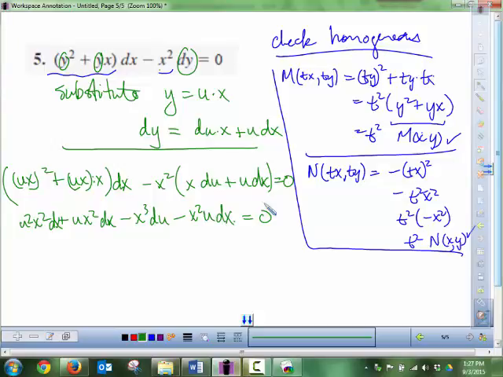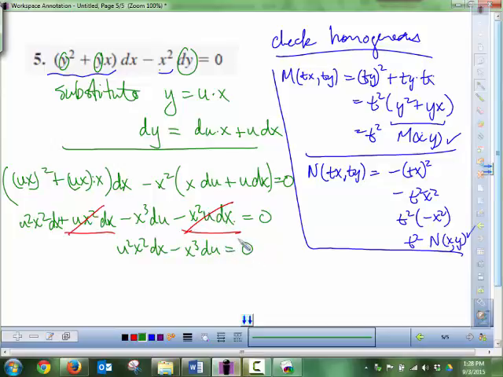Man, tedious algebra. I hope I don't make any mistakes here, like leave out a negative sign. So one thing I did notice is that there's a u times x squared dx, one with a positive sign and one with a negative sign. So that goes away. And then we have u squared x squared dx minus x cubed du is equal to 0.